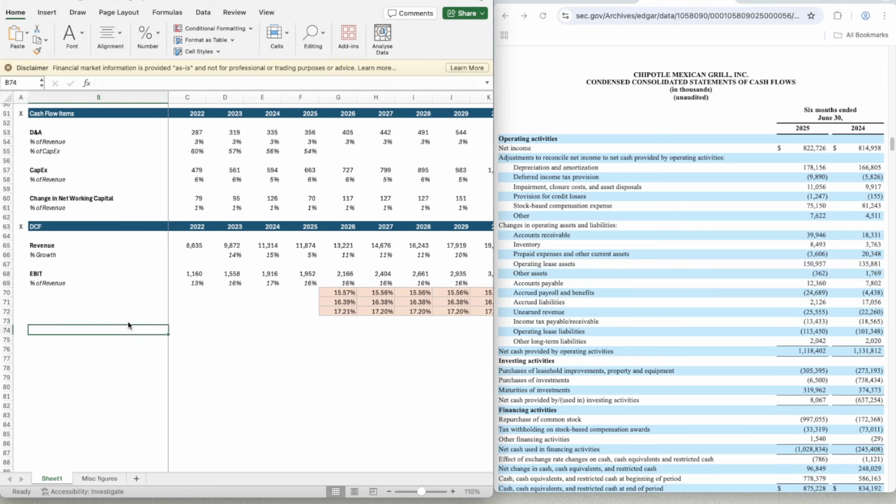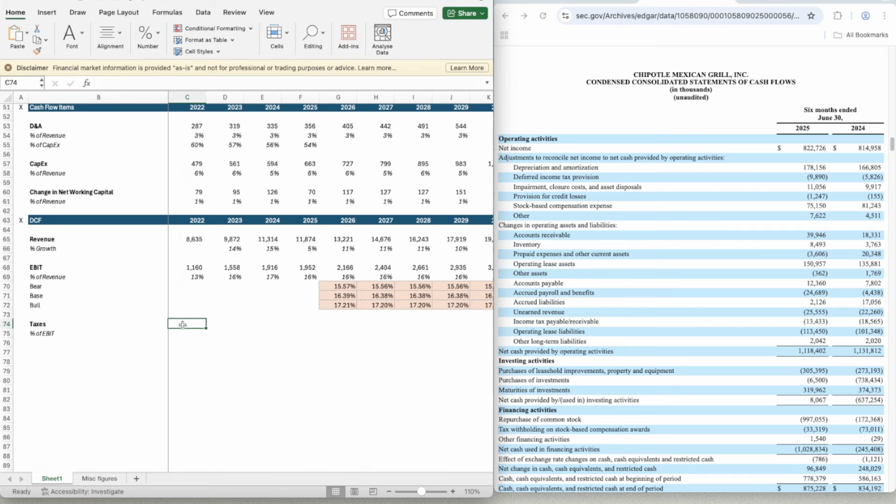So we have the EBIT, now we need taxes. And that's going to be a percentage of EBIT again. Oh, I need to put in bear, bull.